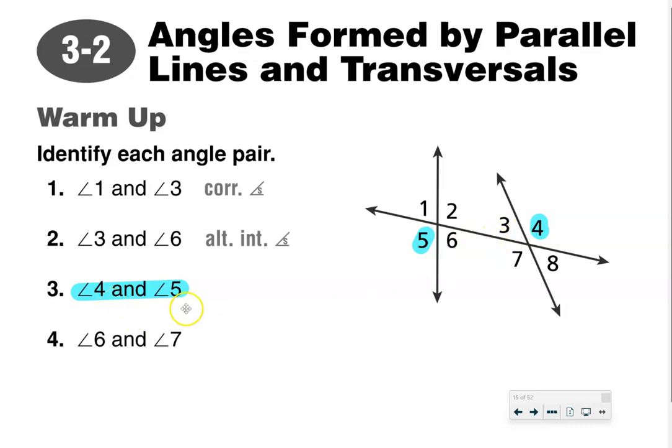See if you can find 4 and 5. Alright, that's going to be alternate exterior. Going to alternate across, but be on the outside. Alright, see if you can find 6 and 7.